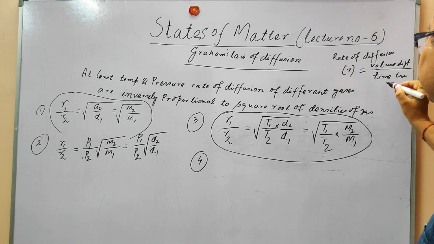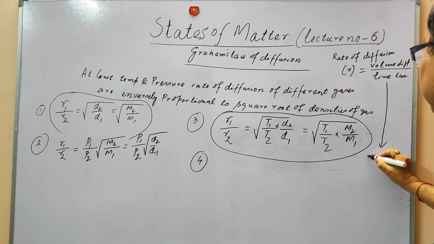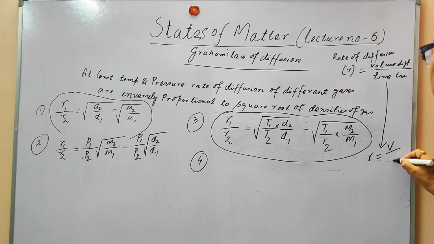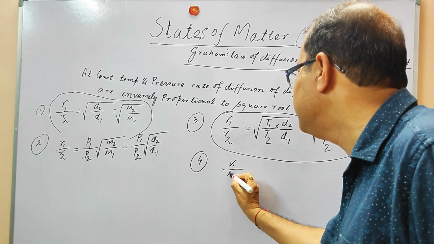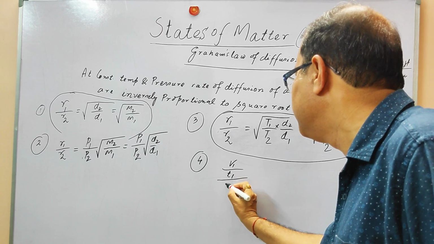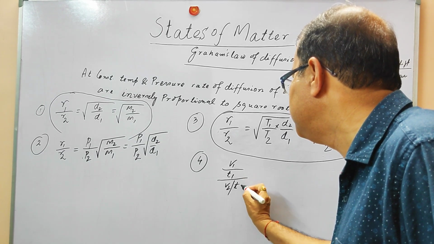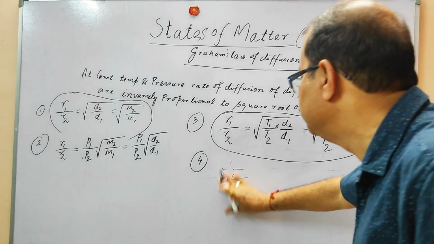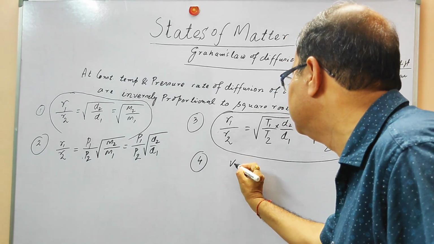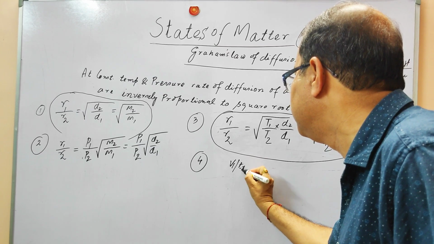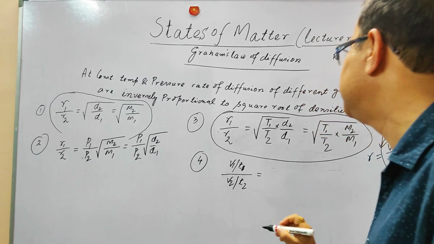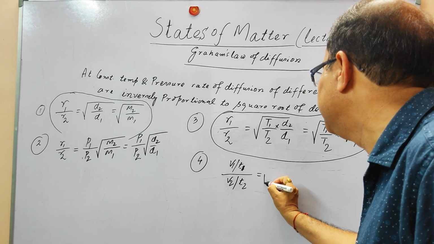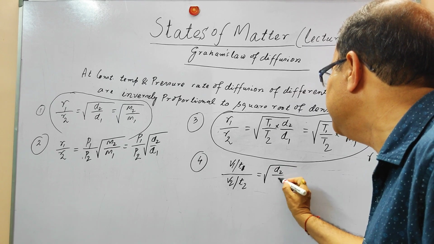So we can write this as R is equal to V by T. So we can write this expression V1 by T1, V2 by T2, that is, we can write D2 by D1.